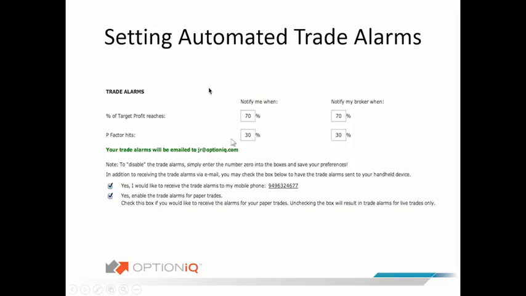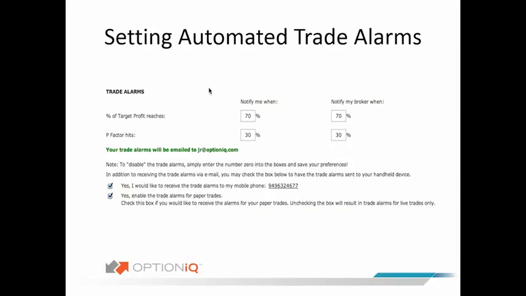The other reason that we get out of a trade early is we hit a P factor of 40% or more. Now, some people want to have an early alert. Maybe my P factor is not at 40, maybe it's at 30, and I want to be at least warned that the trade's getting under pressure and I need to pay close attention to the trade.